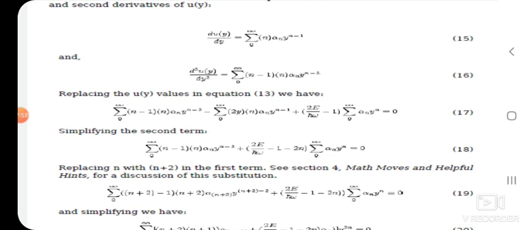Here in the second term, y and y raised to n minus 1 terms are there. If we combine them, it becomes y raised to n. That's why 2e by h cross omega minus 1 minus 2n into summation n is equal to 0 to infinity a_n y raised to n is equal to 0. This is equation number 18.